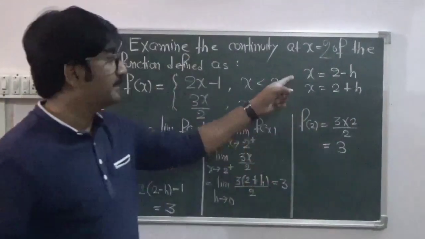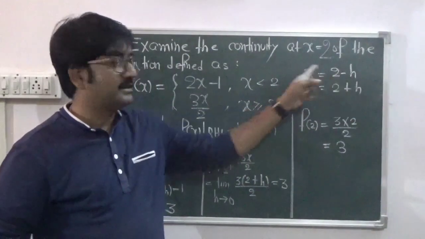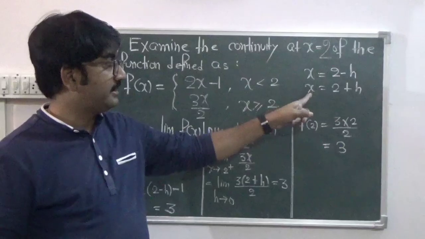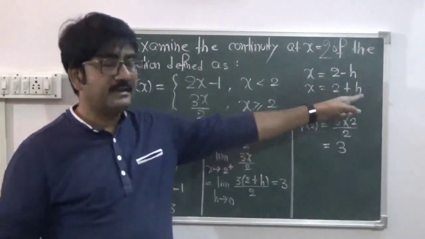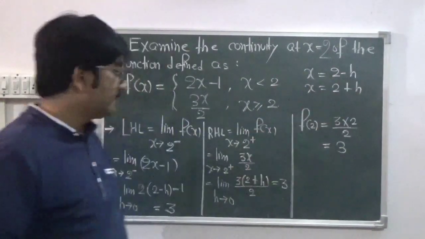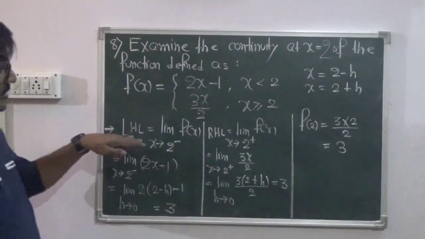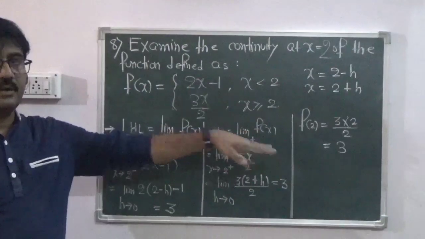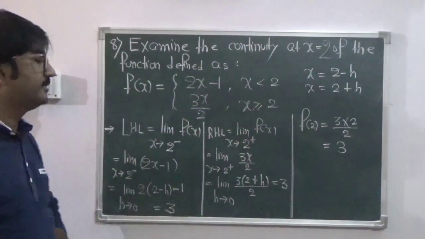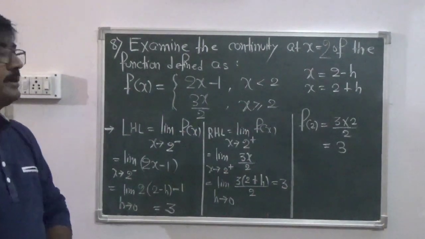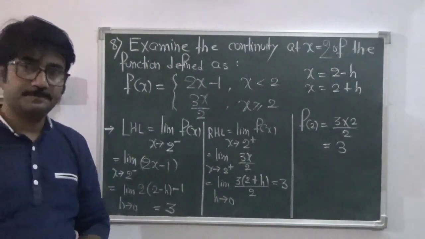So as x approaches 2, h approaches 0. Similarly here, as x tends to 2, h tends to 0. So the left hand limit, right hand limit and f of 2 are all equal, hence this function is continuous at the point x equals 2.